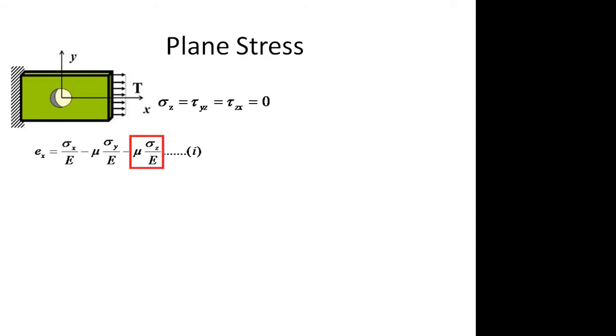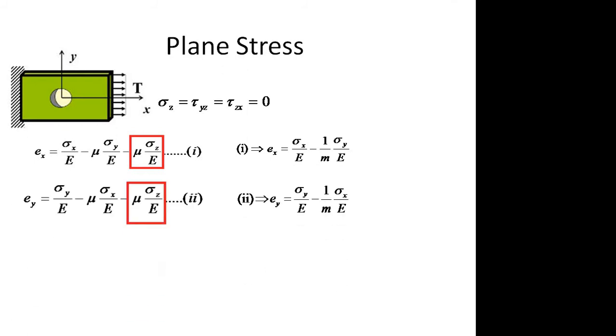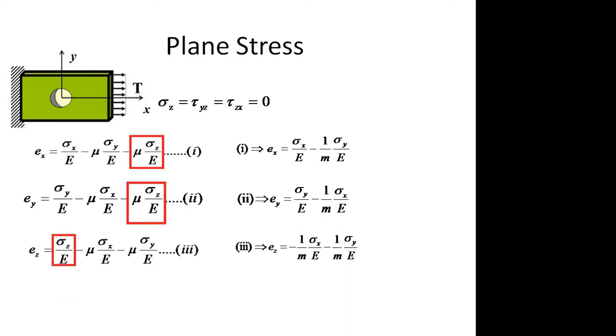Now these are the equations which we derived earlier for epsilon x, epsilon y and epsilon z. What we have assumed now is sigma z is equal to 0. So the component highlighted here in a red rectangle, we can remove it.